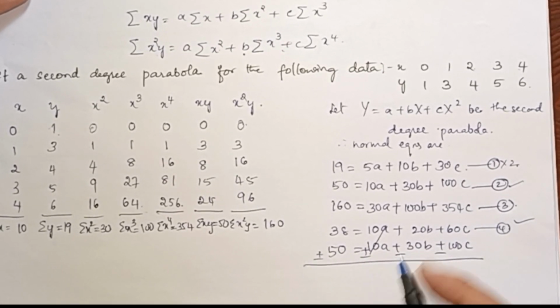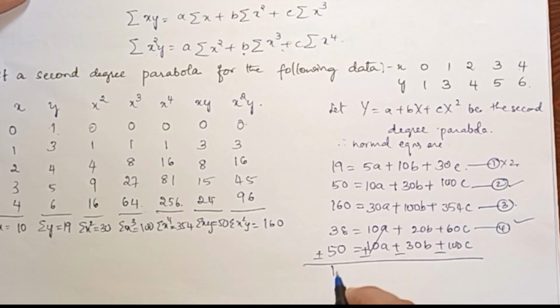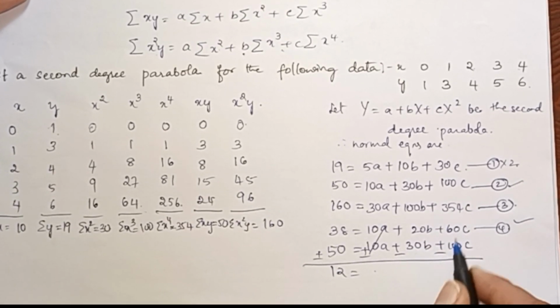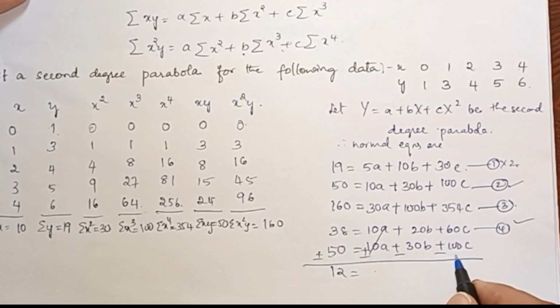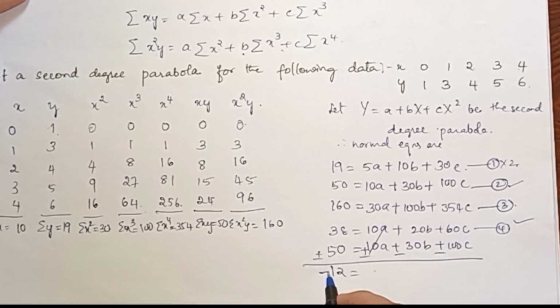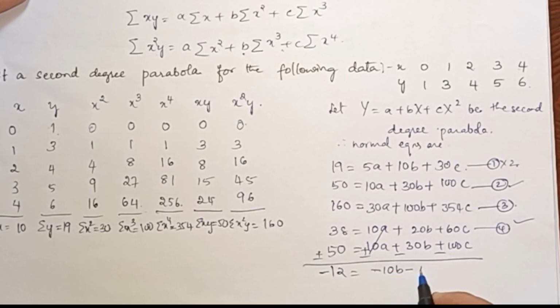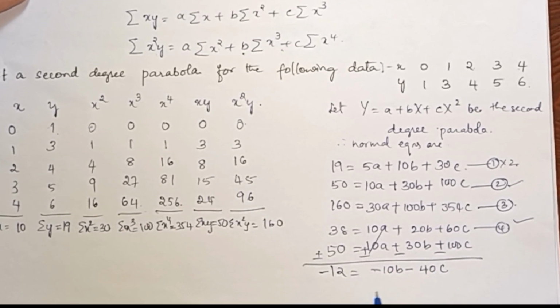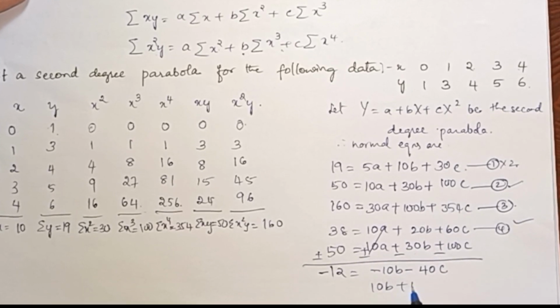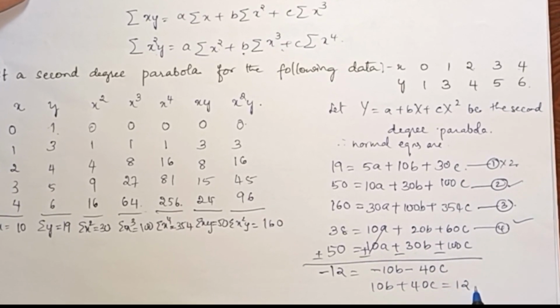So you will get 12 equal to minus 10b minus 40c, which is nothing but 10b plus 40c equal to 12. You keep it as equation 5.